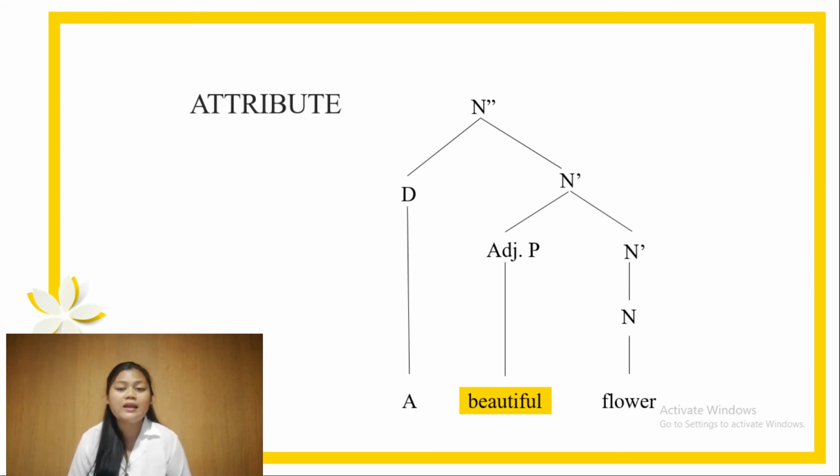The determiner is a. Then, N bar branches into adjective phrase and N bar. The adjective phrase here is beautiful, and N bar branches again into noun, that is flower.